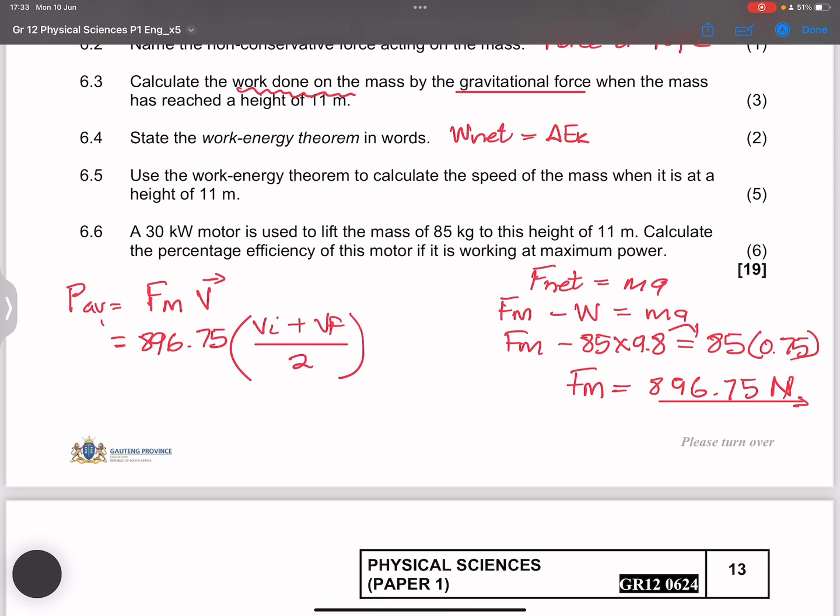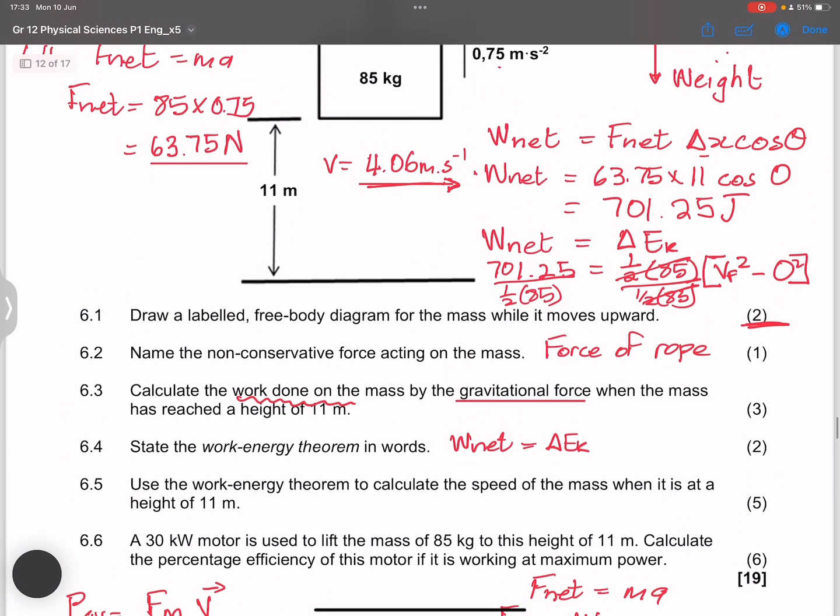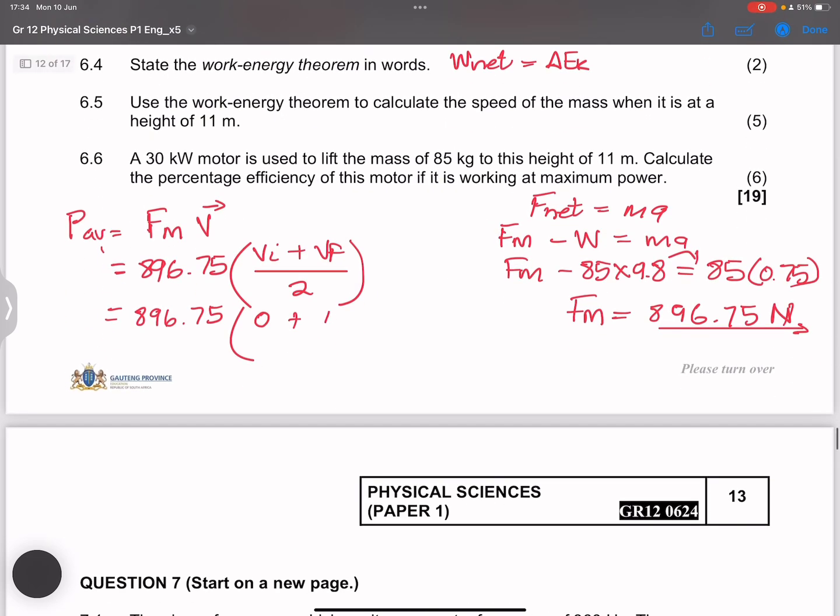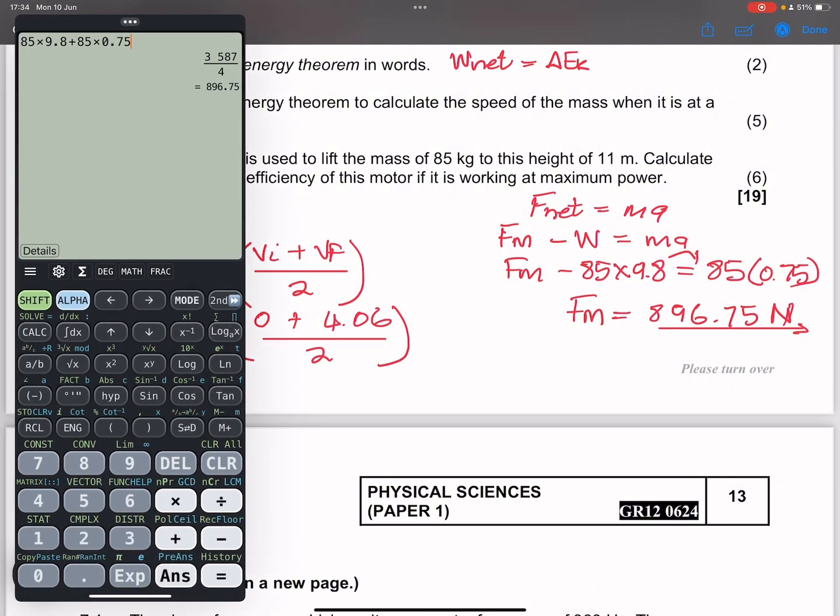So I'm going to say this is 896.75, multiplied by, our initial velocity was 0. Our final velocity, we found that to be 4.06. And this is divided by 2 because we're looking for the average velocity. Right, so let's find out what the power will be.